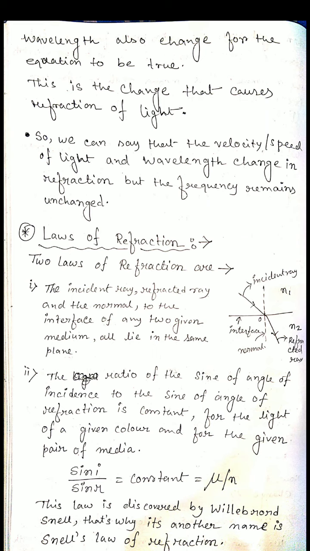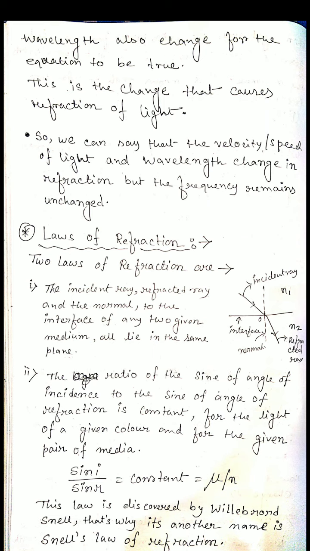What is the condition behind it? This constant is fixed for a particular color of light and particular media. If the color of light is changed, then the value of the constant also changes. That's why we mention that this is constant for a given color of light, and for whatever two media we consider.